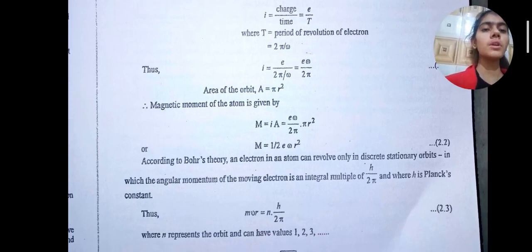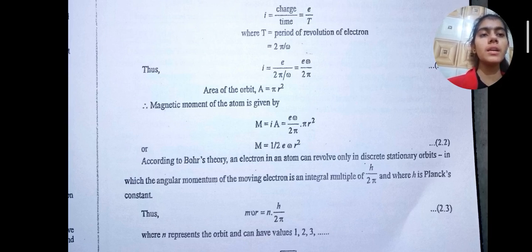According to Bohr's theory, an electron in an atom can revolve only in discrete stationary orbits, in which the angular momentum of the moving electron is an integral multiple of h upon 2 pi, where h is Planck's constant.